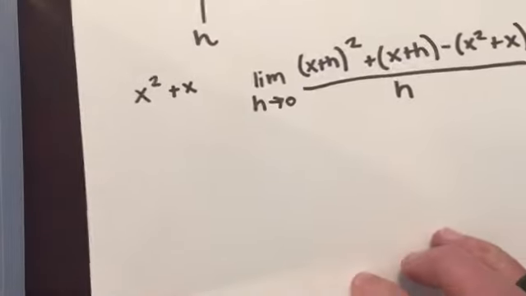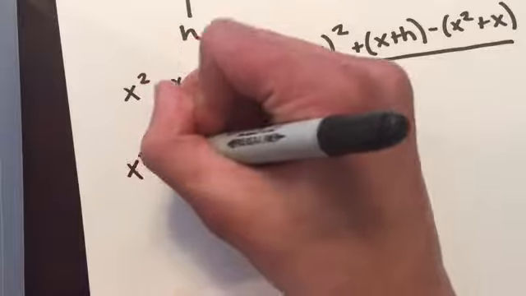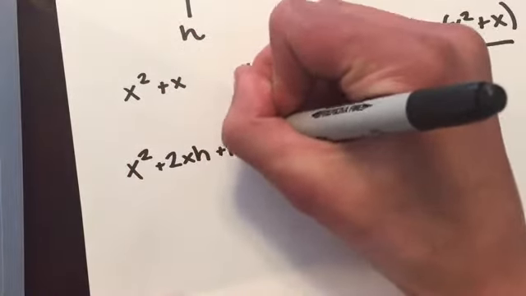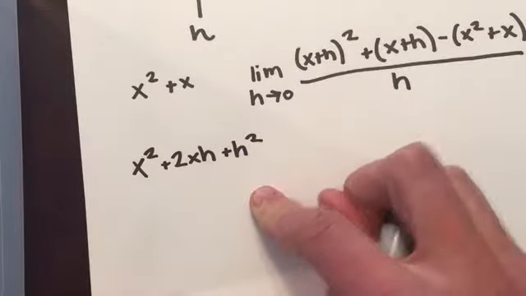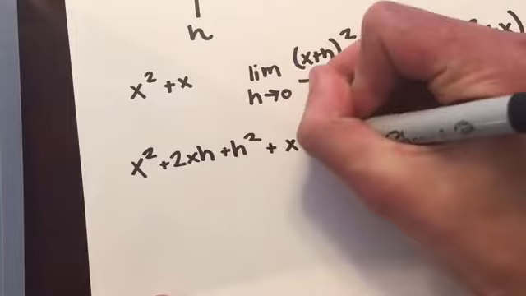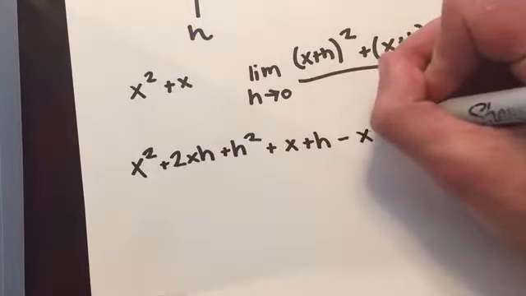So now we're going to simplify this. So this is going to simplify to x squared plus 2xh plus h squared. That's using distribution of polynomials, plus x plus h minus x squared.